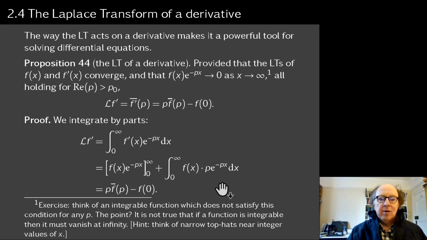And then we get two minus signs make a plus, one from the integration by parts and one from the negative in the exponential. And differentiating with respect to x brings down a p, you get p f bar of p, this term, minus f of 0 coming from the boundary contribution here. The transform of f prime is p f bar minus f of 0.